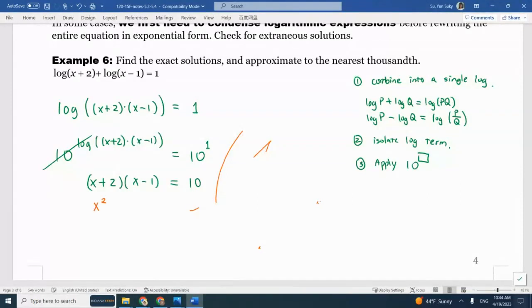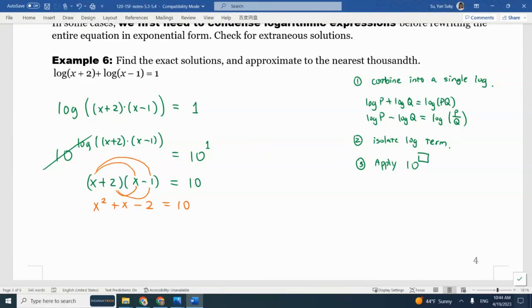Oh, x squared and then what? Plus x. Oh, x squared, you mean minus x? Oh, you already added 2x already. Okay, and then what's next? Yes. Is everybody okay with that? Because you subtract x and then you add 2x, that's why you get positive x. Equals 10.